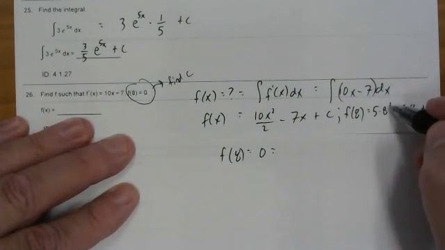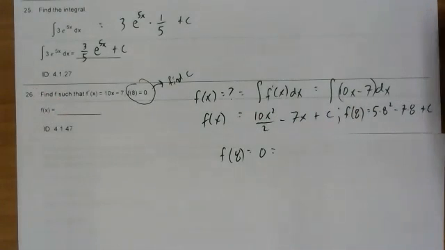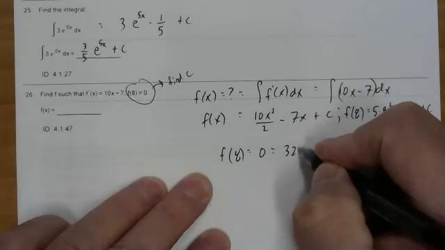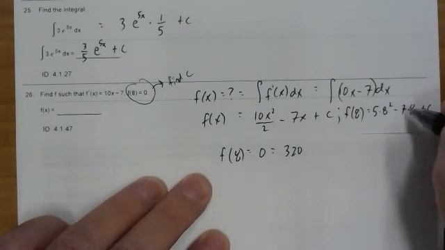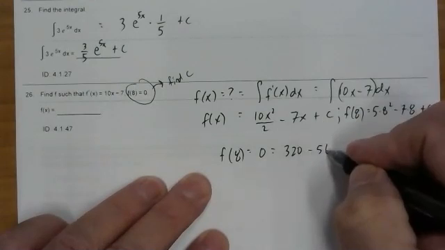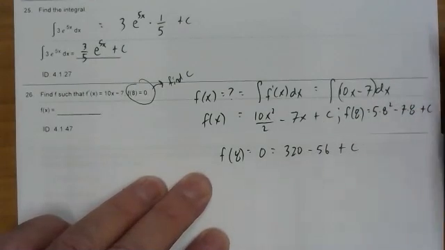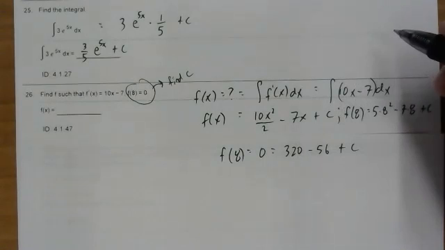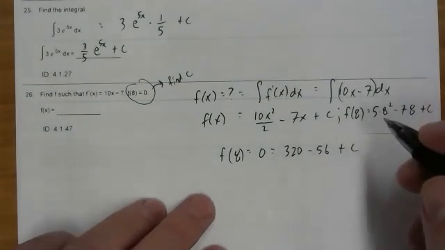So 8 squared is 64. 64 times 5, I think is 320, but I want to be sure. That's correct. So 320 minus 56 plus c. So 320 minus 56 should be like 264. Yep.